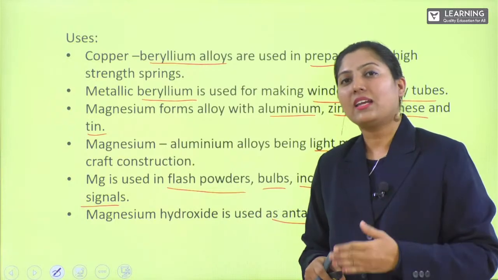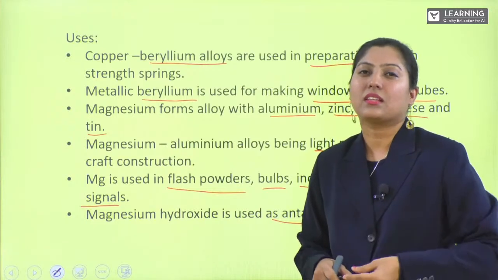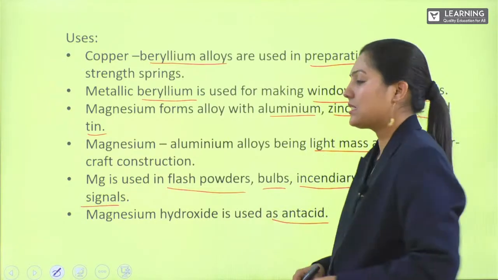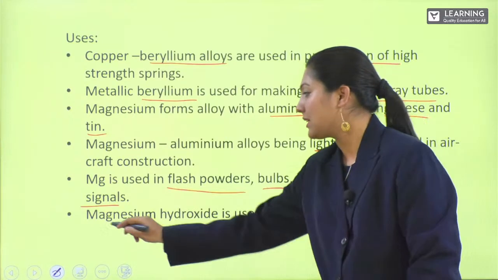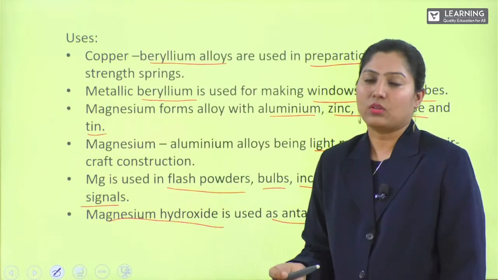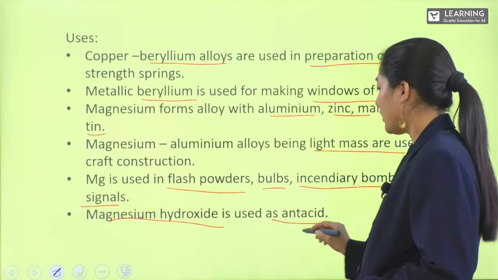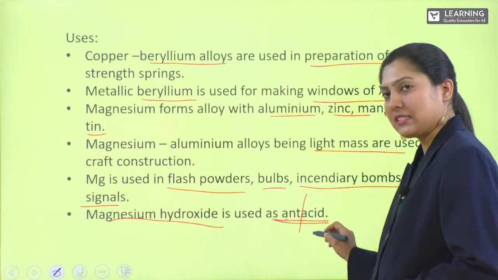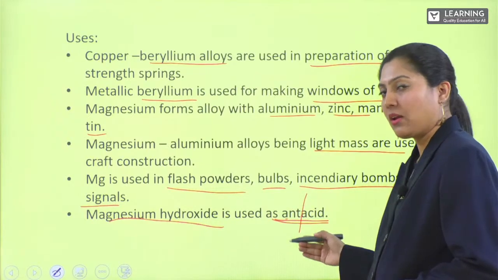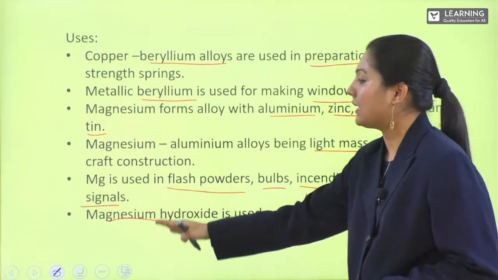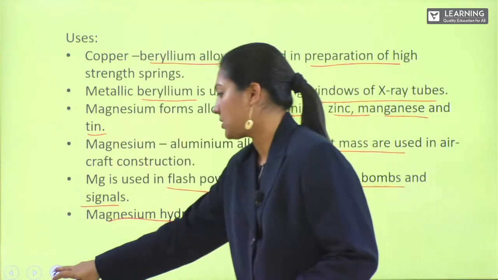If it is produced in high amounts, to reduce that we take this base. Magnesium hydroxide is a base which neutralizes the hydrochloric acid in the stomach, and hence we call it an antacid. Antacid means anti-acid, opposite to that of acid. Whatever acid is produced will be nullified by adding this magnesium hydroxide.